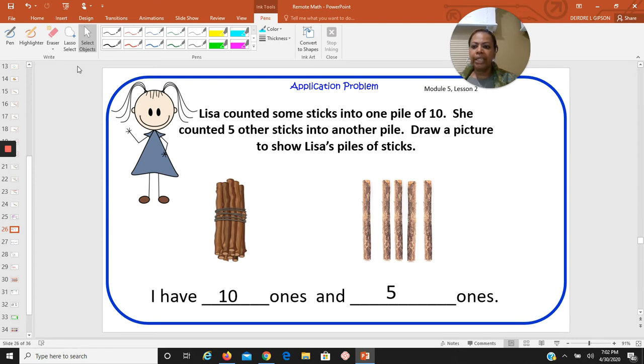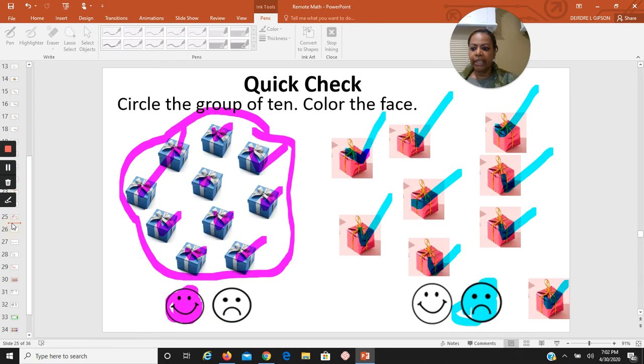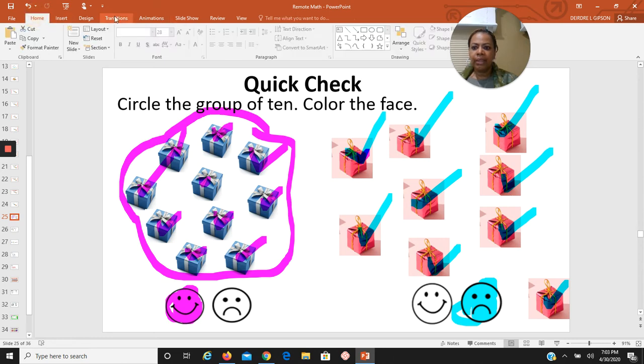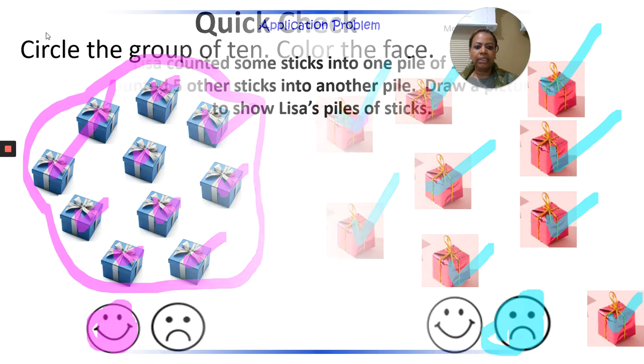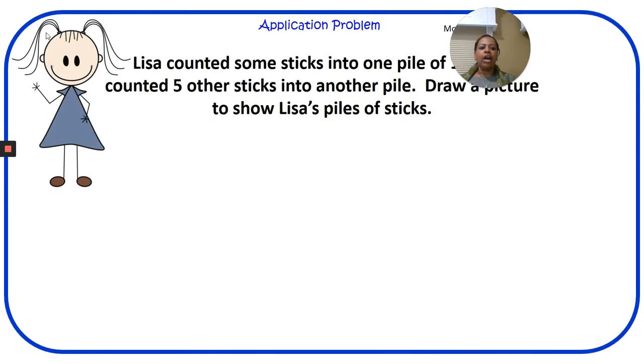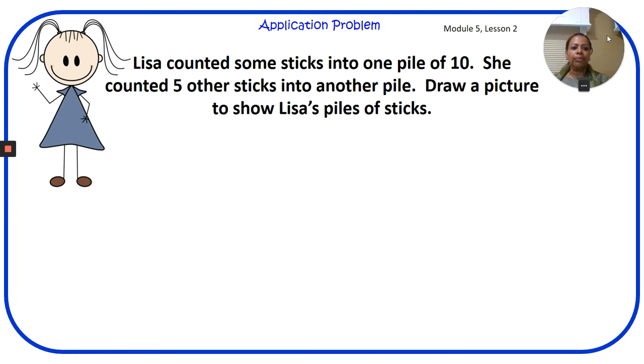And I'm going to read, let me go back one, because I want us to actually do it together. Okay, so now I'm at my application. Great job. So I'm going to read the problem for you.